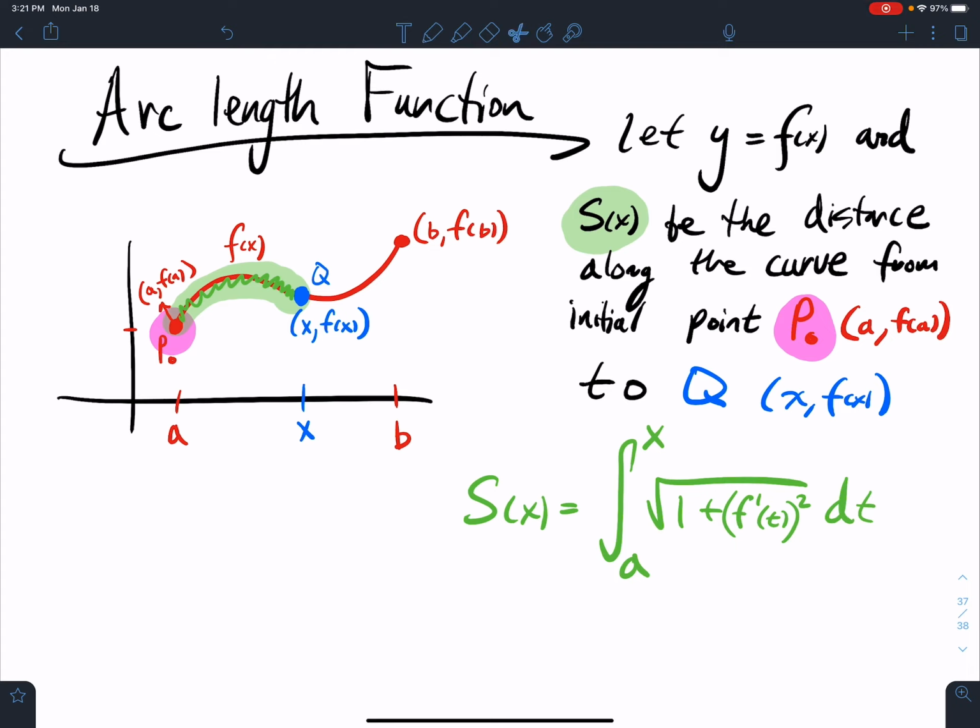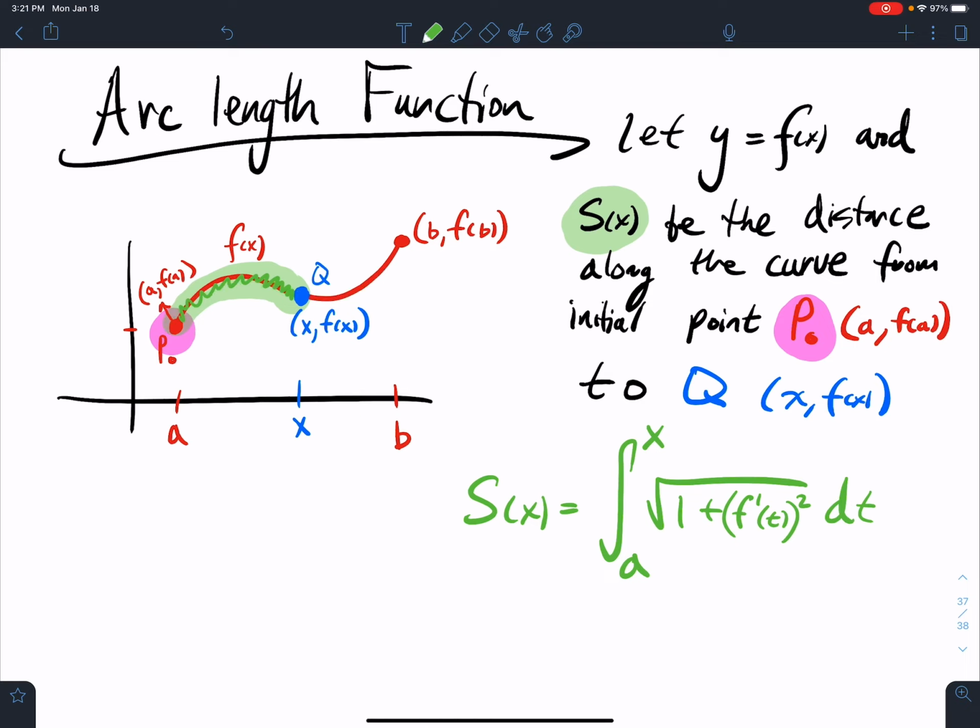Depending on where this x falls, it determines how far along the curve we are. A bigger x would mean we were further along the curve and had a longer value.